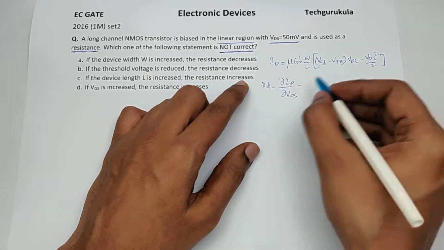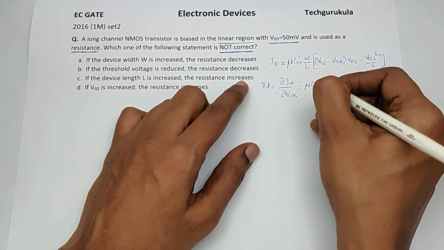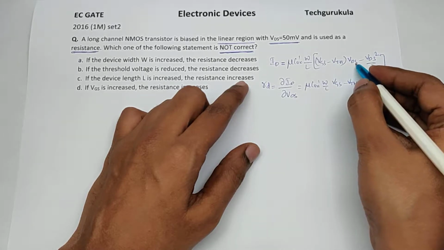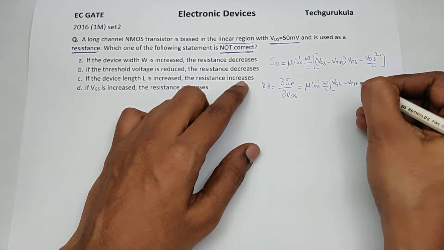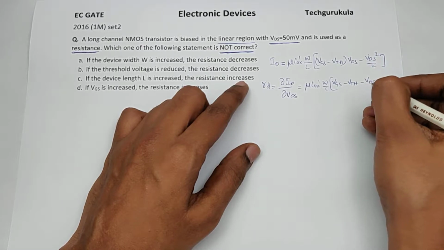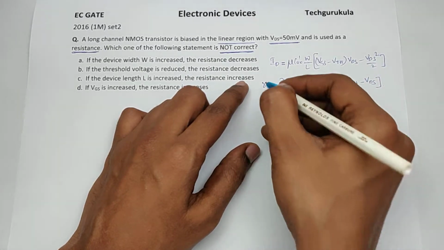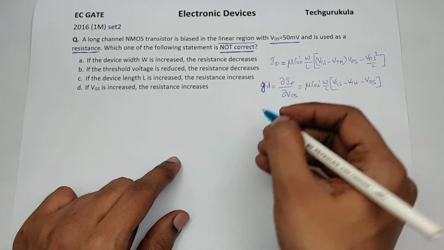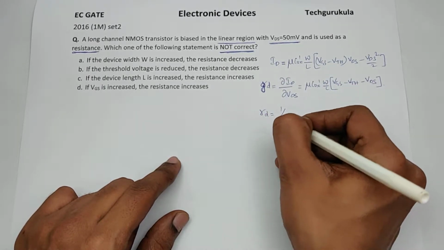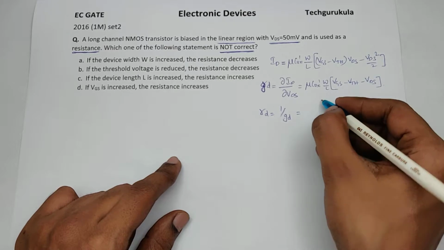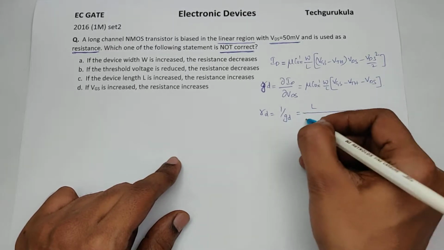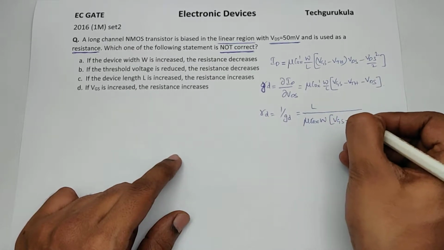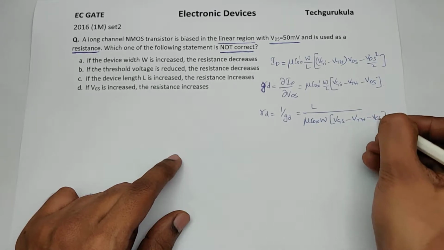Differentiating with respect to VDS, we get mu Cox prime W by L times (VGS minus VTH minus VDS). Sorry, this is not RD, this is GD. Now RD will be 1 over GD, which is L over mu Cox W times (VGS minus VTH minus VDS).